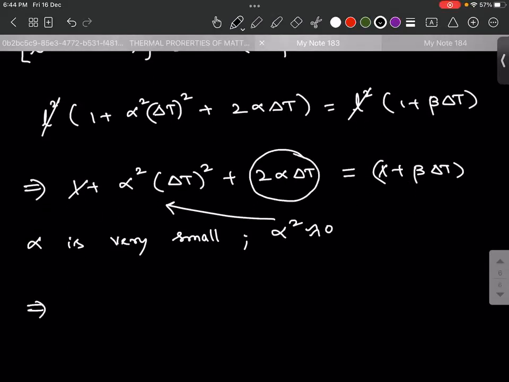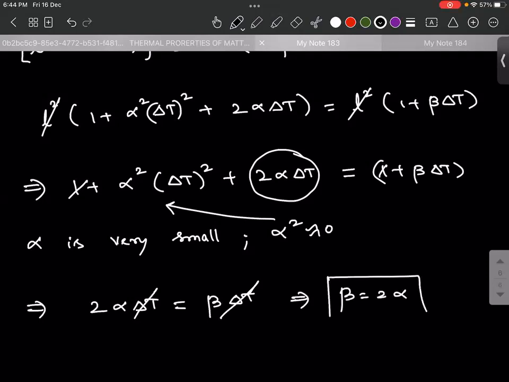We are left with 2 times alpha into delta T is equal to beta into delta T. So delta T and delta T are gone, which implies beta will be equal to 2 times alpha. Okay, beta will be equal to 2 times alpha. Make a note.